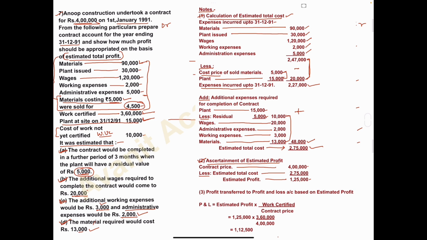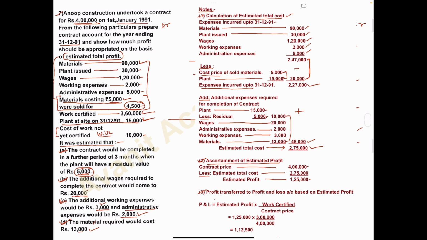Now we'll calculate the amount of profit to be transferred to profit and loss account. For that, prepare note number 3. Profit transferred to profit and loss account based on estimated profit. So to calculate the profit, formula is profit and loss account is equal to estimated profit into work certified divided by contract price.